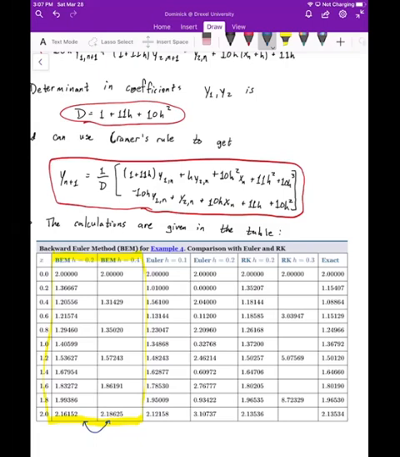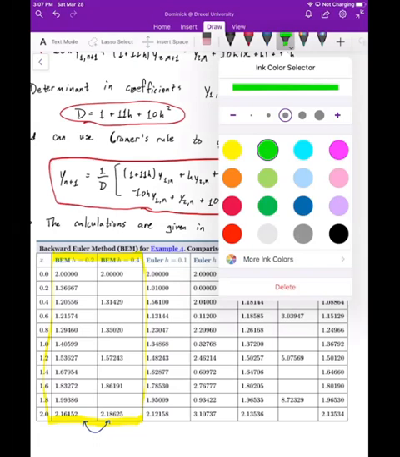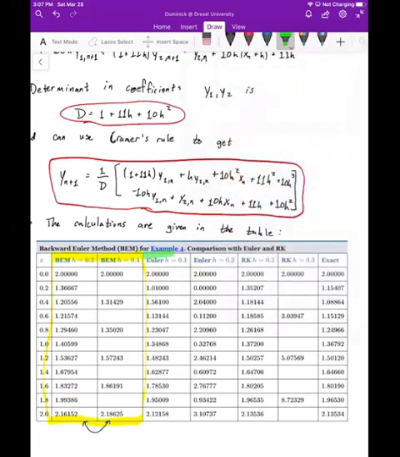Now, if you compare that to the Euler method, even though we've used a fairly small step size, both of these step sizes are half of that of the backward Euler method, you're seeing that the values get pretty far off pretty quickly.